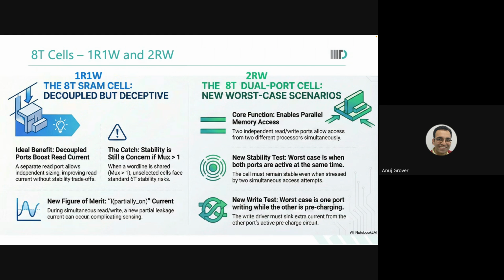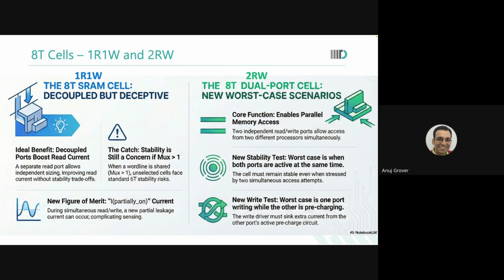Now you are writing into only a few of them. So the read operation is still happening. So it doesn't mean that the 6T part of the cell is independent of any read stability constraints. The 6T part of the cell, you still have to design exactly the same way as earlier. Are you with me on this?